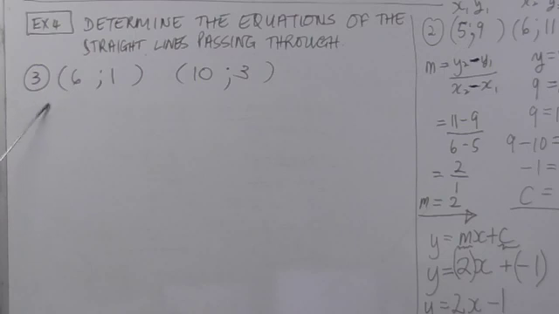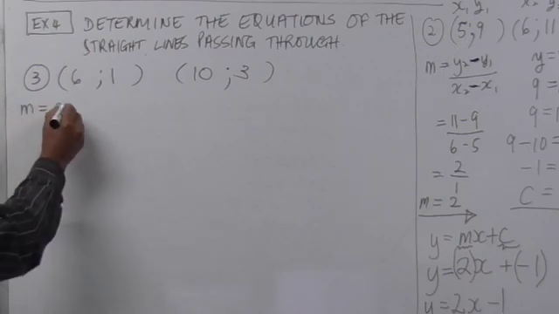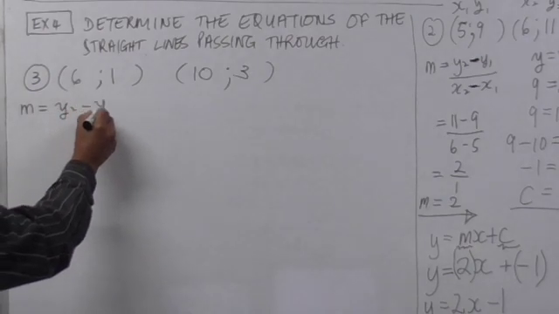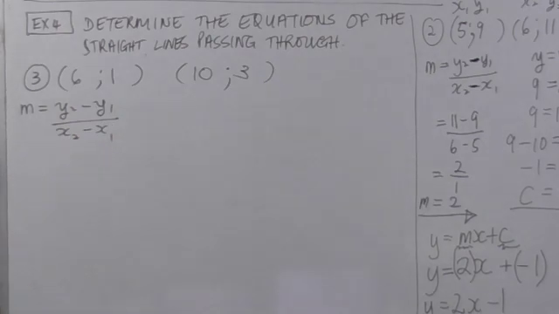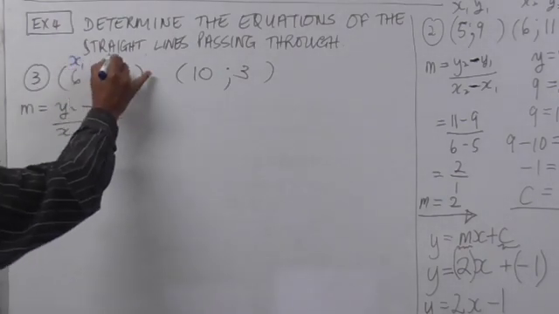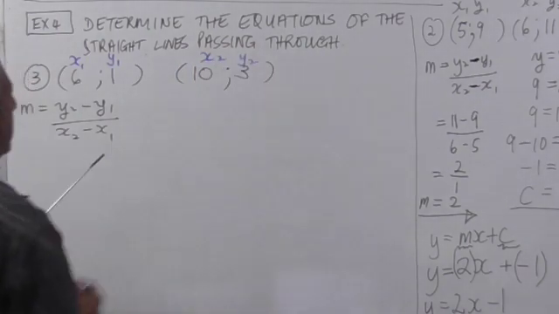Right, now we're going to find step 1, M. M is equal to y2 minus y1 over x2 minus x1. Once again, we have to mark clearly x1, y1, x2, y2.